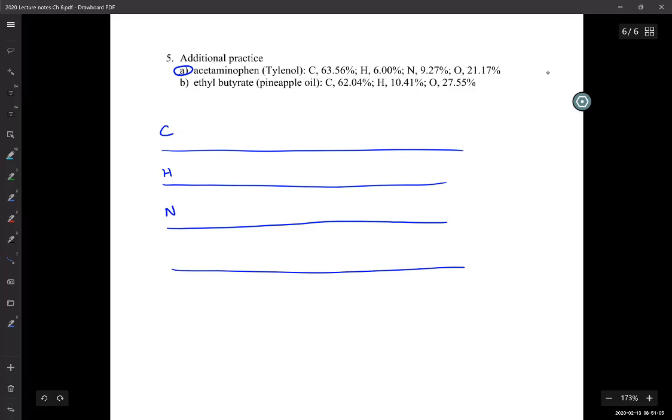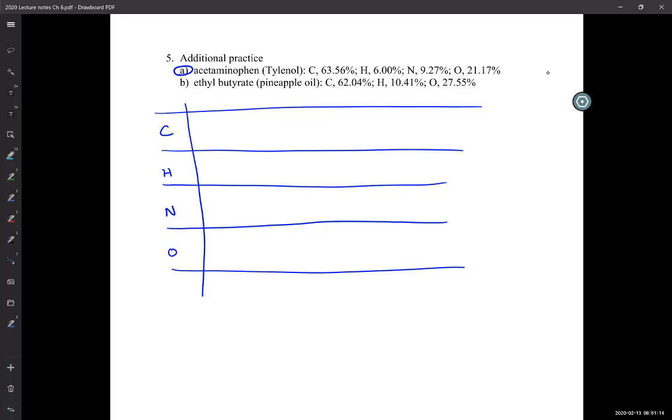Another line, and you do O. And then you're going to do grams, moles, and then the ratio. Yeah, we'll do it like that: grams, moles, ratio. We'll call it RAT. And I'll fill in this table and I'll let you figure it out.